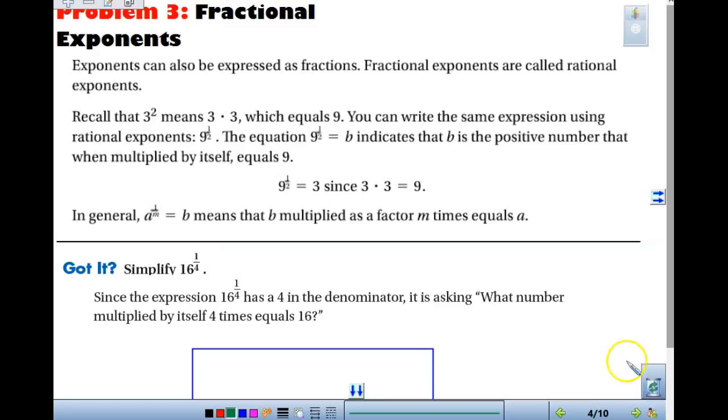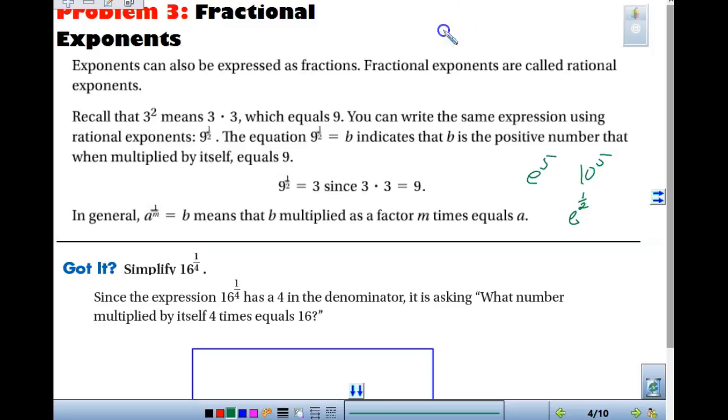All right. The fractional exponents. You want to take this? Try. Okay. So it says exponents can be expressed as fractions. So instead of having, like, e to the 5th power, or 10 to the 5th power, we could have a variable to the power of a fraction.